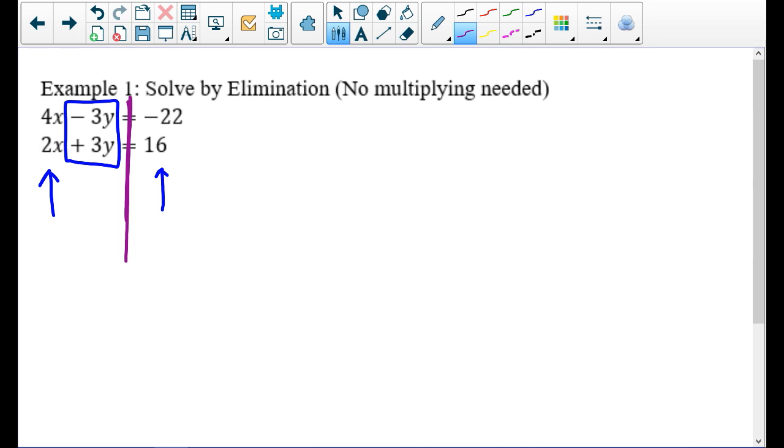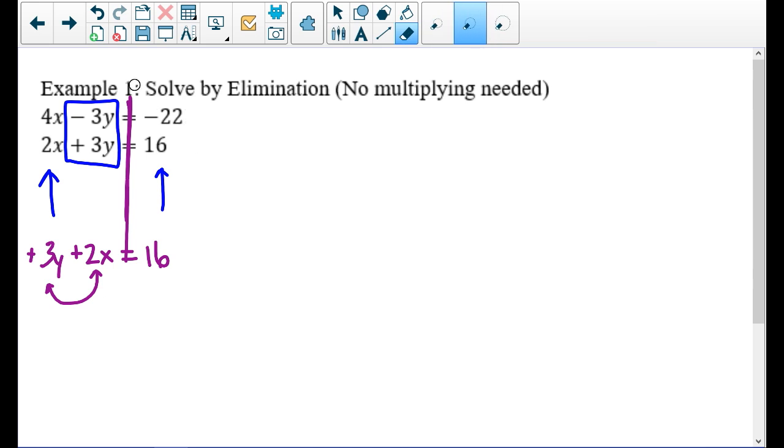Again, if it was something like 3y plus 2x equals 16, because these are both positive, I can just switch that order. Addition's commutative, so I can change the order on the same side without changing signs or anything, but that's kind of what we're looking for.